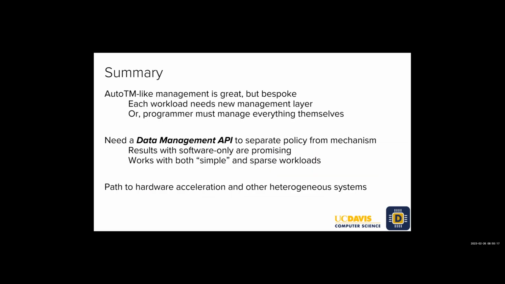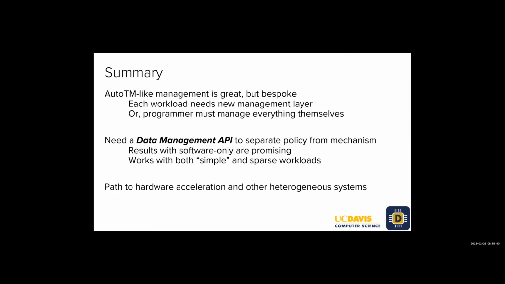Okay, so to quickly summarize this, things like AutoTM are really great, but AutoTM was bespoke. It really only worked in a small set of workloads, just CNNs, just static compute graphs. And if we went down that direction, every kind of workload is going to need a new management layer. Programmers are going to have to come in and figure out how to move data again and again for every workload.